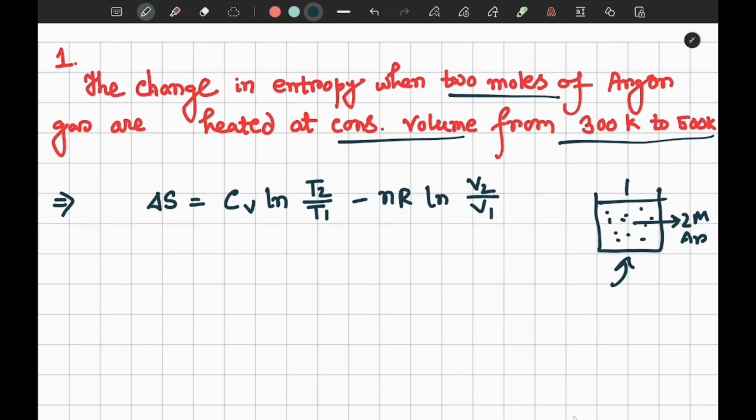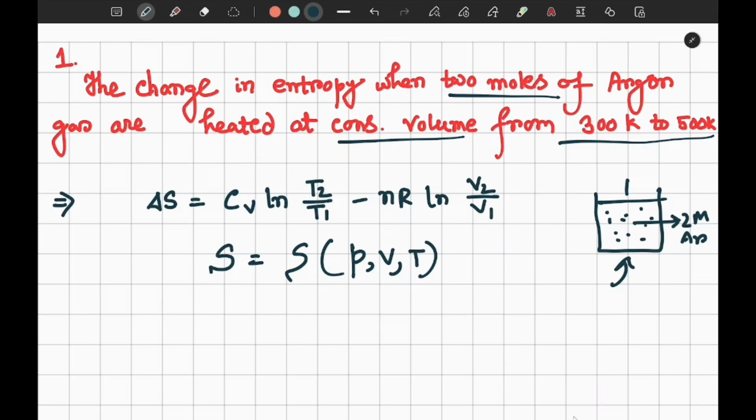So you know there are three variables. Any properties, any state functions can be represented with three variables, which are pressure, volume, and temperature. Here it's clear that the temperature is changing, volume is fixed, and obviously there is no mention of pressure, so you can consider the pressure is also fixed.